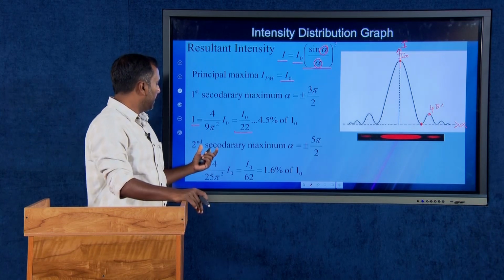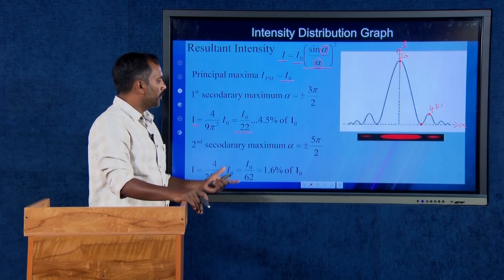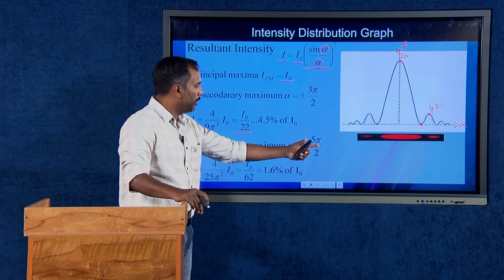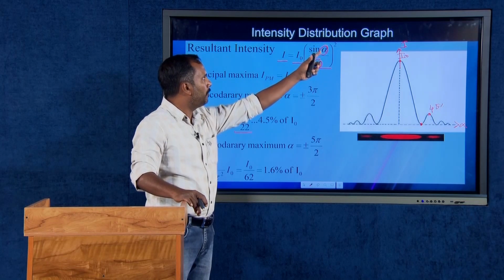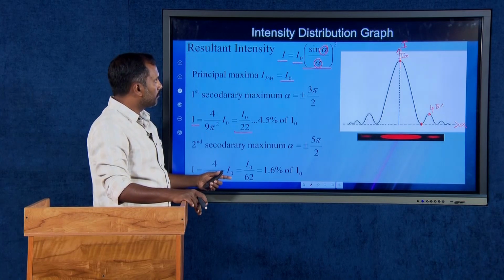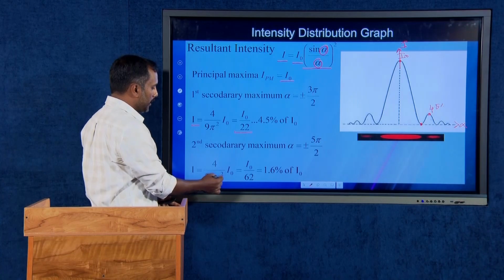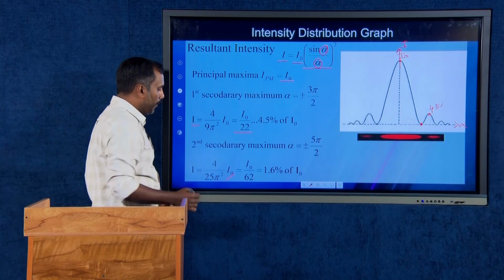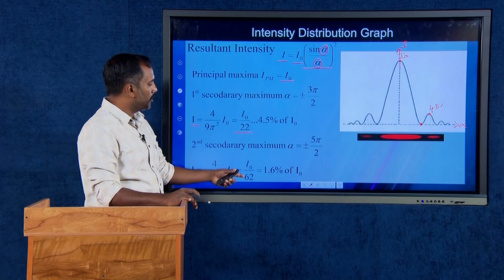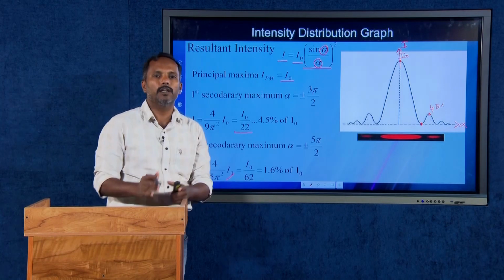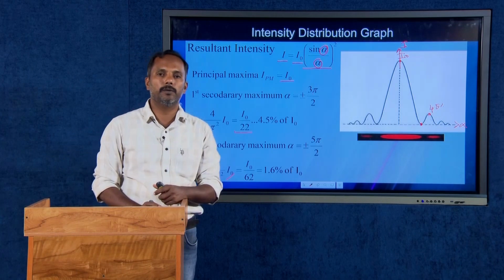And if I take the second secondary maximum, the value of alpha is 5 pi by 2, and again substituting in (sin alpha divided by alpha) all squared, we will get the intensity as 4 by 25 pi square into I0, and that is I0 divided by 62, essentially 1.6 percent of the maximum intensity.